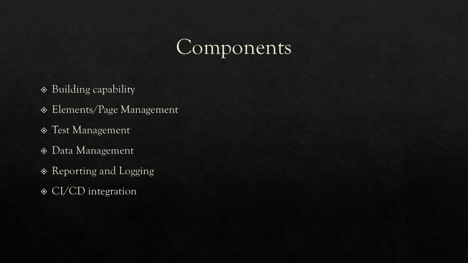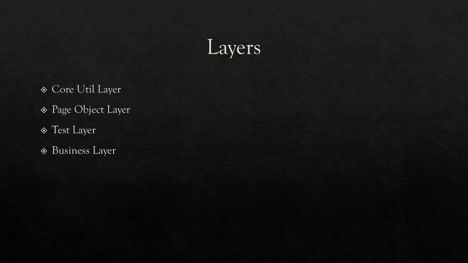Next, you can define the automation framework in different layers. We can segregate a framework into four layers. At the bottom, we have the core util layer where all the utility files reside.